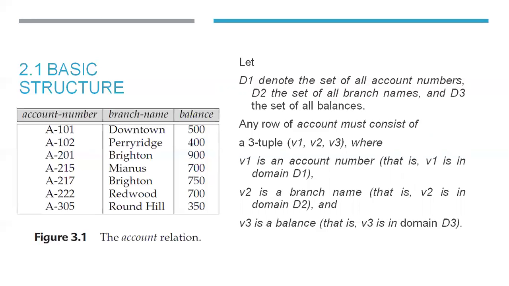Similarly, V2 is a branch name, that is V2 is in domain D2, and V3 is a balance, that is V3 is in domain D3. So this is as simple as it is, because V1, V2 and V3 are the domains, and these values of all these account numbers, branch and balances belongs to D1, D2 and D3 respectively.